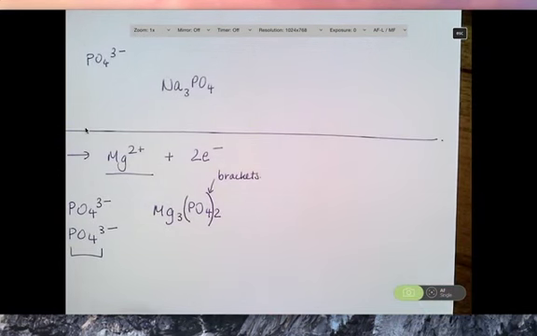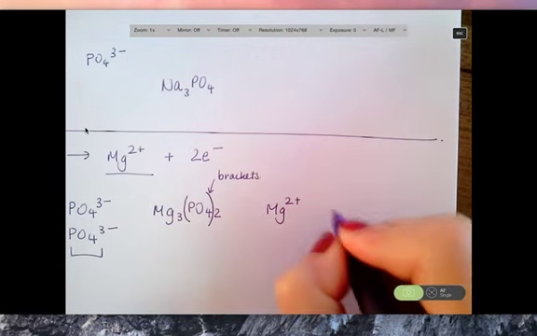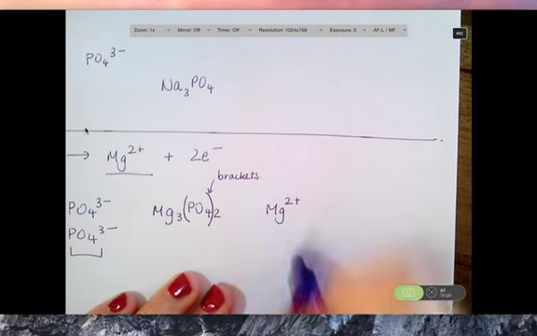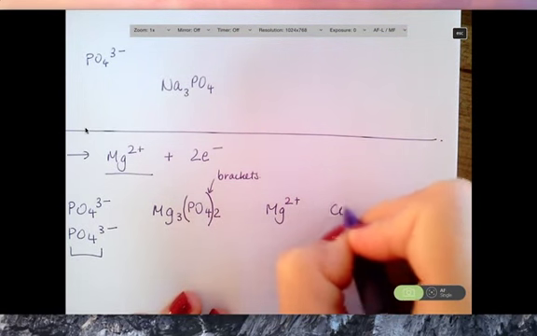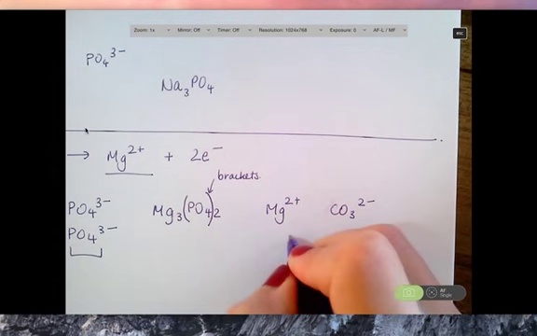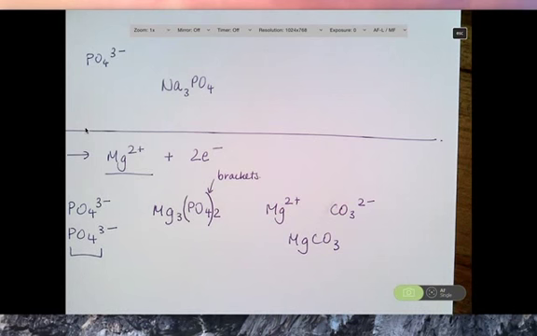If we were to do another example with magnesium, let's say we've got some magnesium carbonate. This is back to being a simple ratio because it's 1-to-1. The addition of those 2 charges becomes neutral, 0. So magnesium 1 ion, carbonate 1 ion.